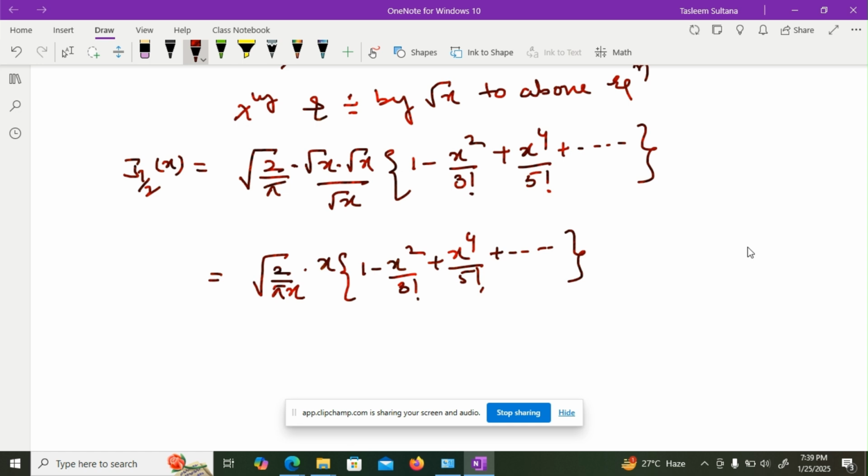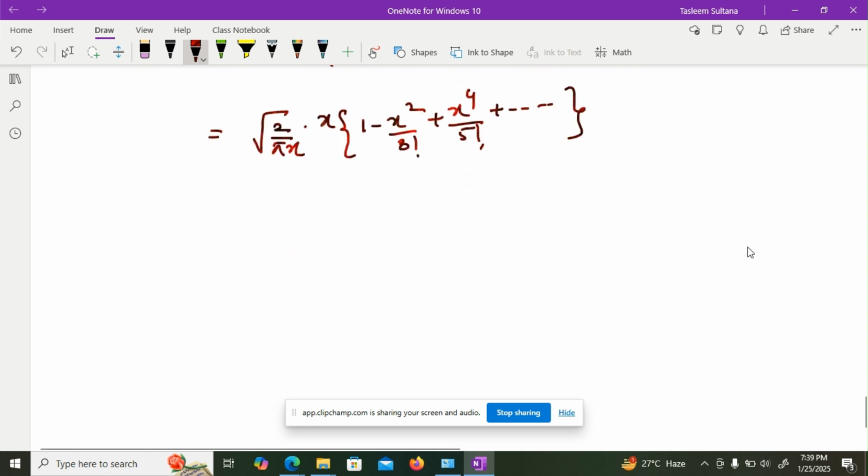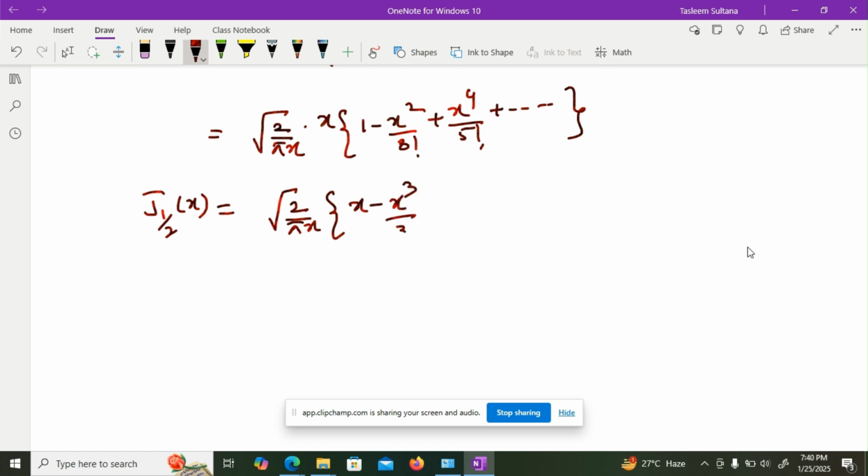Now multiply this x to each and every term of this bracket. We get J of half of x is equal to root 2 by pi x times x minus x cube by 3 factorial plus x power 5 by 5 factorial plus so on.